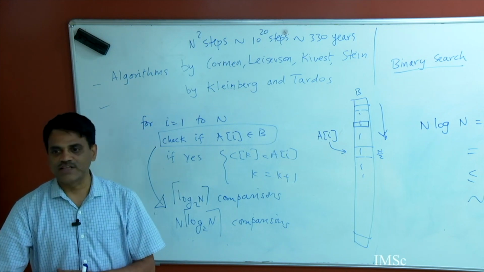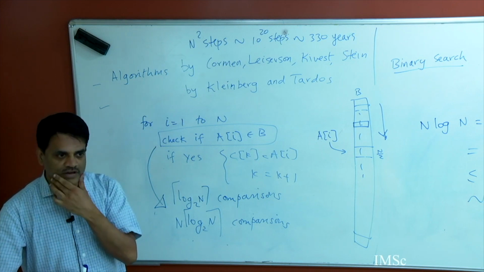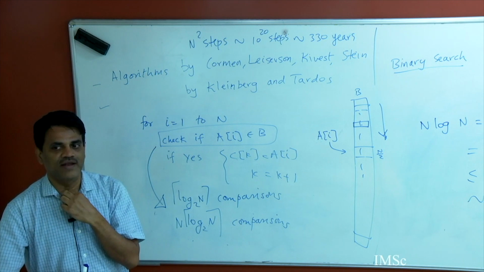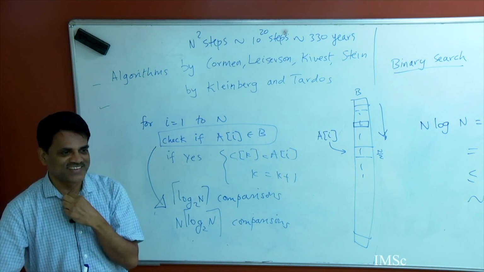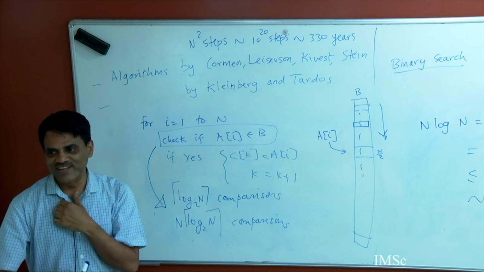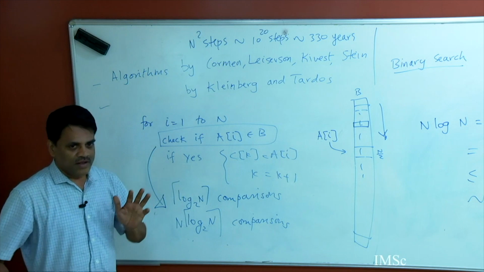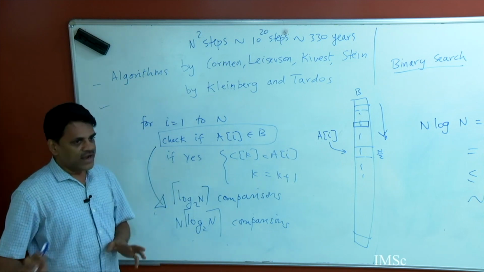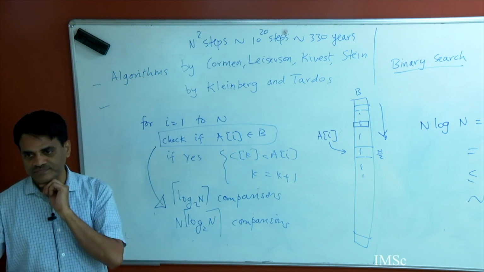So now you should ask the question, if B is not sorted, how much time does it take to sort B? Because that should not take 330 years. Then there's no point in this game. Okay? So now, is it clear? So now that takes us to the next topic which we want to talk about, which is sorting.